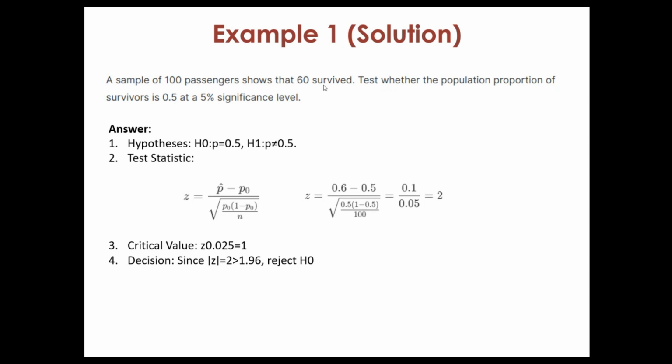So the sample shows 60 survive. We want to know whether this 60% actually reflects the population proportion or not, with a 5% significance level. A 5% significance level means 100 minus 5: we are 95% confident.